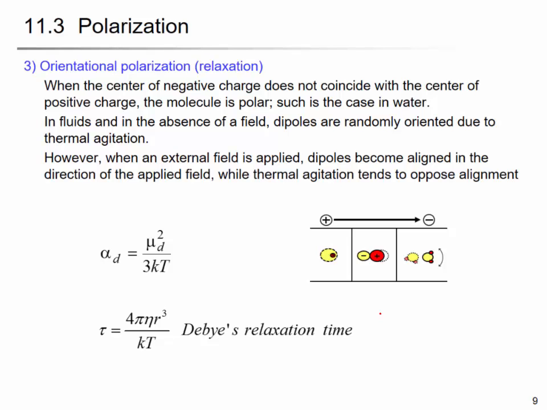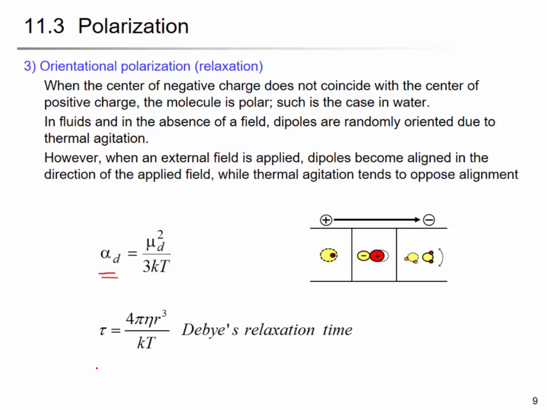So that's thermal agitation. If the temperature increases, then polarizability will decrease, right? Because the random movement will have the higher power. Right? So you have to overcome this thermal agitation to be polarized. So as the temperature increases, alpha, the polarizability, decreases. So temperature is an important factor in here.